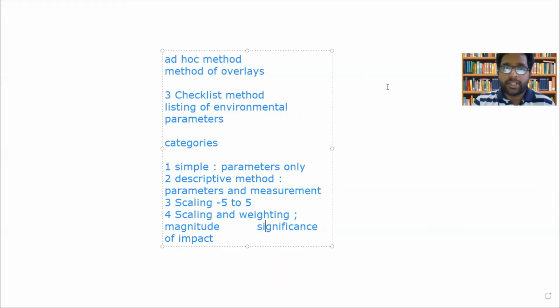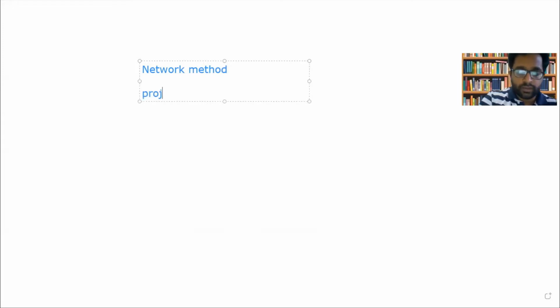So we have seen three methods. The ad hoc method, the method of overlays, and the third one, the checklist method. Now we are going to see the fourth method, known as the network method. What is happening in a network method is, we have a project and you have a potential impact.